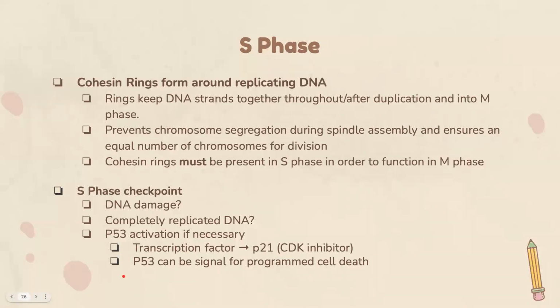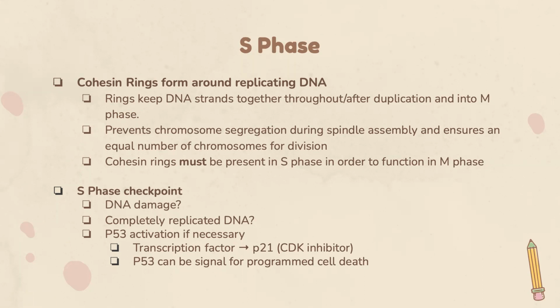Okay, so within the S phase, you have your cohesin rings. They form around the replicating DNA. Cohesin rings keep the DNA strands together throughout and after duplication and into M phase. The purpose of having them there is so that your chromosomes don't separate prematurely.